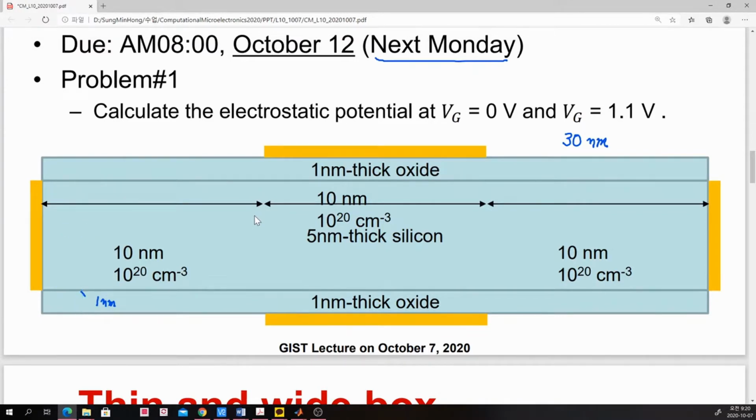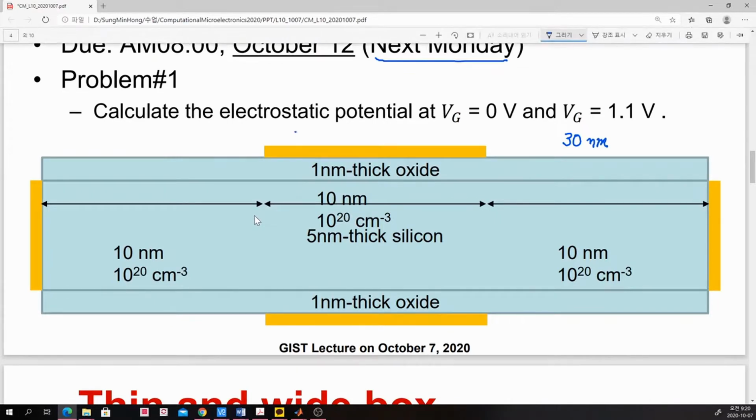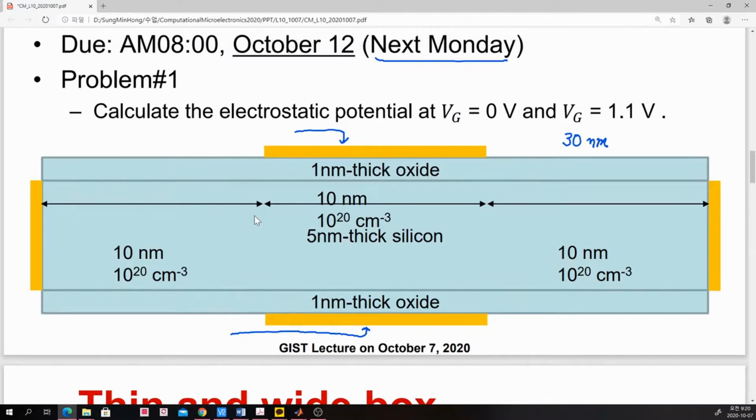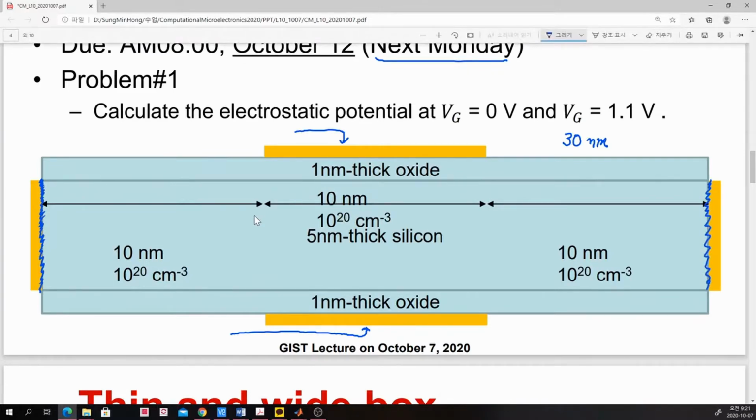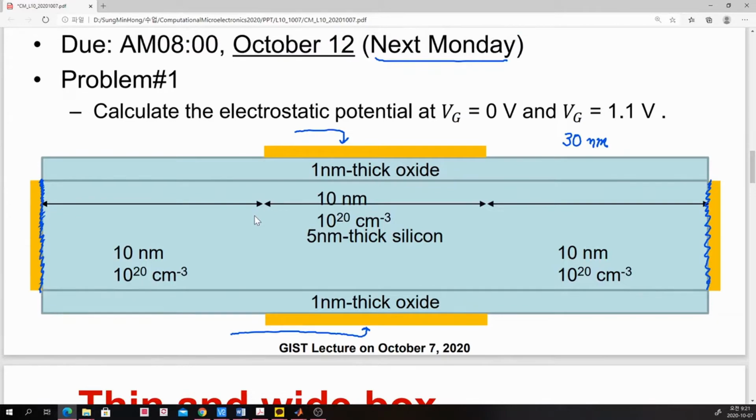So then let me explain the contact conditions. In this case, please use the work function you have used up to now, and for the gate contact also use the same one. For the boundary condition of the source contact and drain contact, please apply the local charge balance equation.